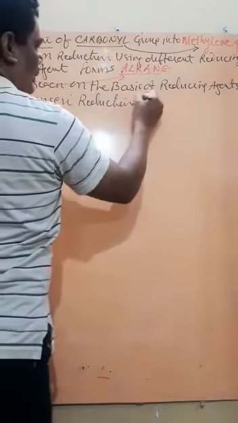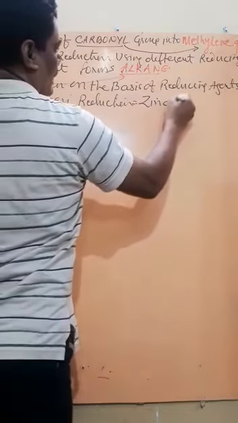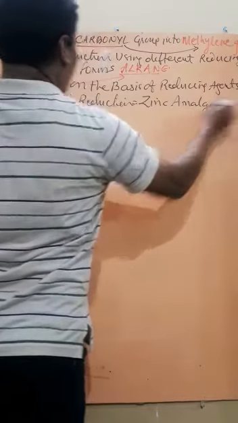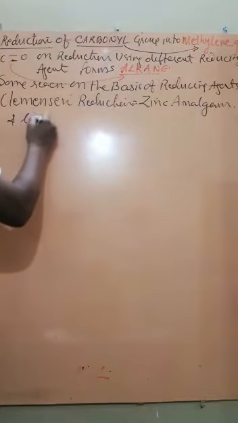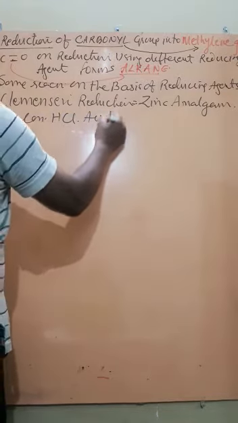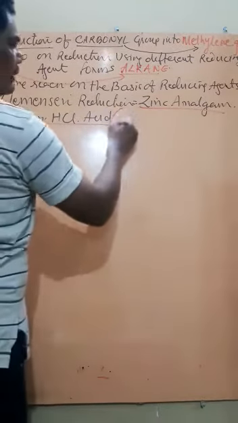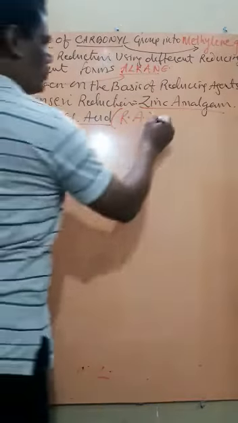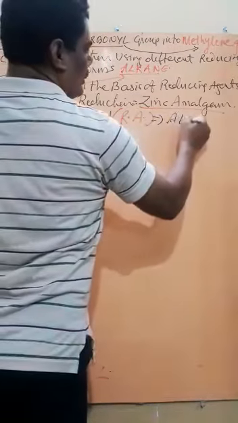Okay. Zinc amalgam and concentrated hydrochloric acid. If these two act as reducing agent, then it forms what? Alkane.